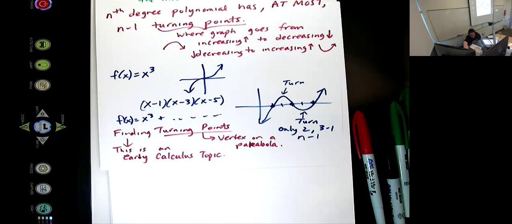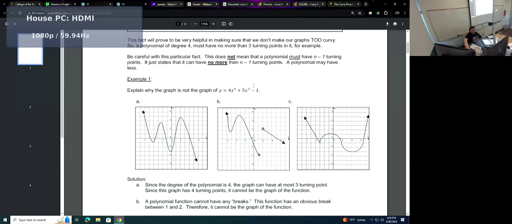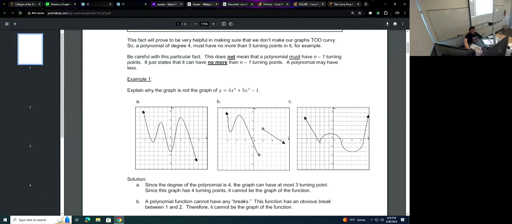So I wanted to show you something real quick. This is in the textbook. For the function y equals 4x to the 4th plus 5x cubed minus 1, I can immediately eliminate all of these as graphs without plotting a single point by looking at them. X to the 4th should have 3 turning points at most. This one goes down then up. That's 1, 2, 3, 4.